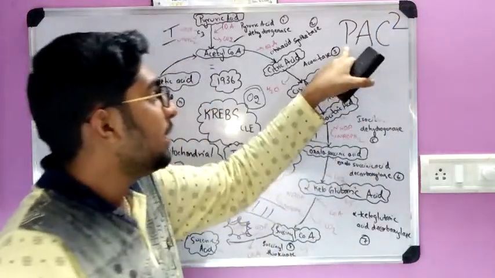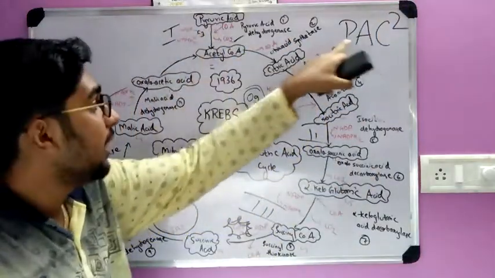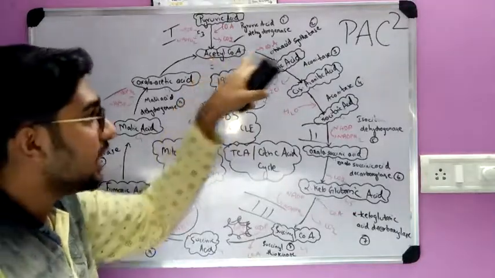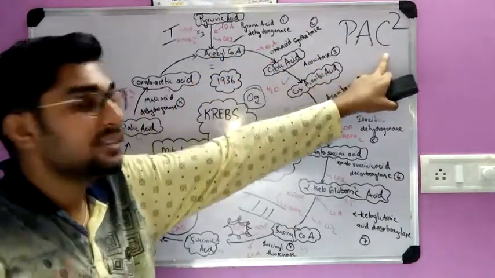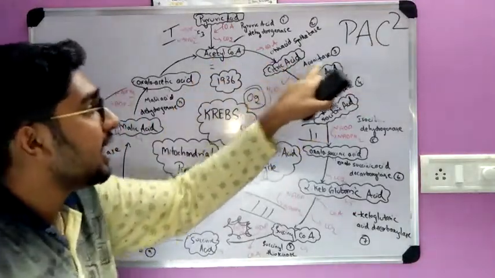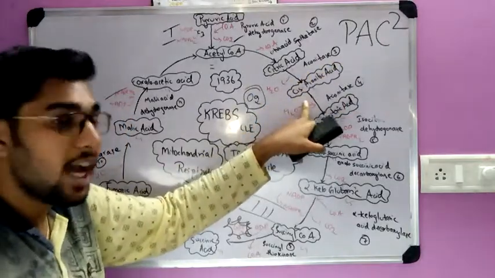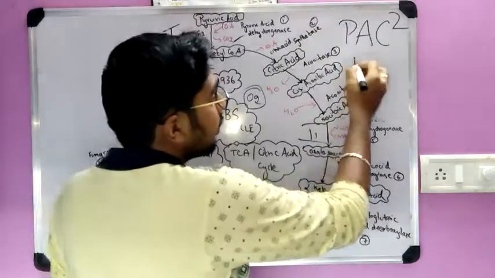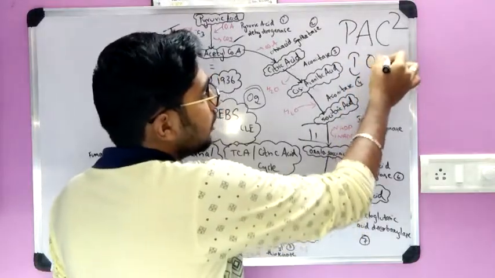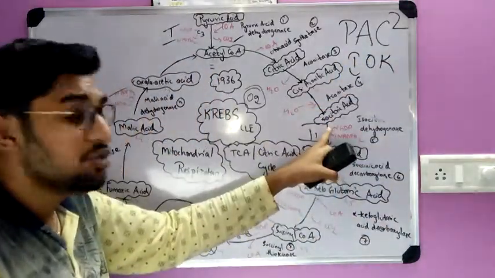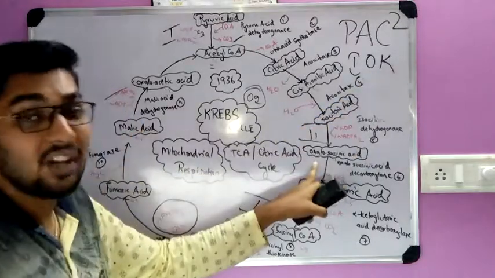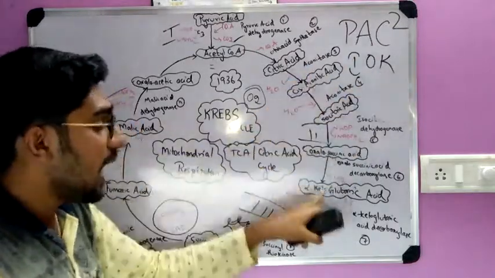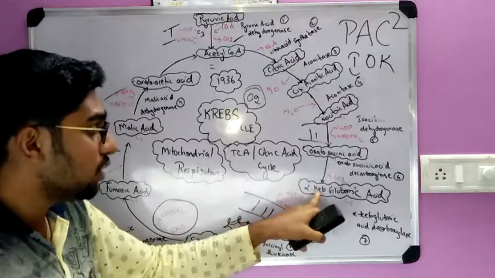P for pyruvic acid, A for acetyl coenzyme A, C square means C and C. The first C stands for citric acid, the second C stands for cis-aconitic acid. Next is IOK. I for isocitric acid, O for oxalosuccinic acid, K for alpha ketoglutaric acid. Keto starts from K, right?